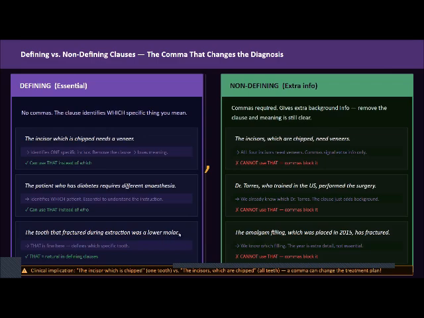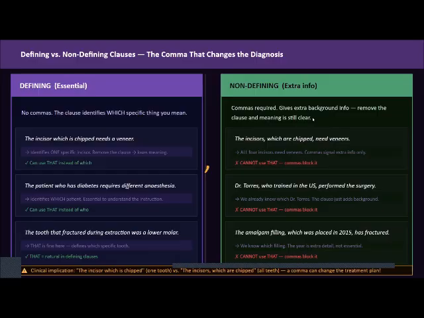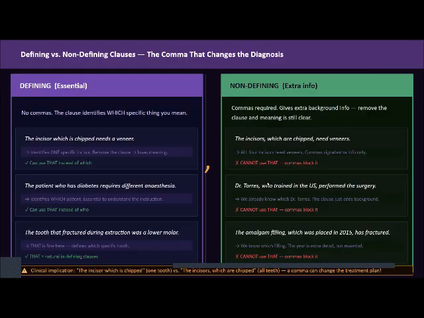Good. Now, if the sentence is complete and you want to give extra information, you'll put it in commas and you will add information. But be very specific. Do not use that. Tell me if it's an option, a person, a thing, a place, a time, or a reason. Be specific because you're giving extra information.